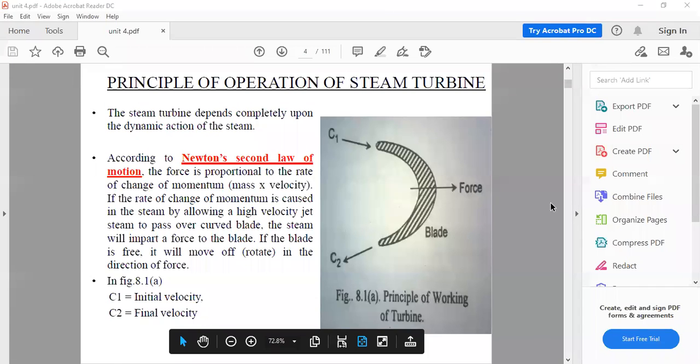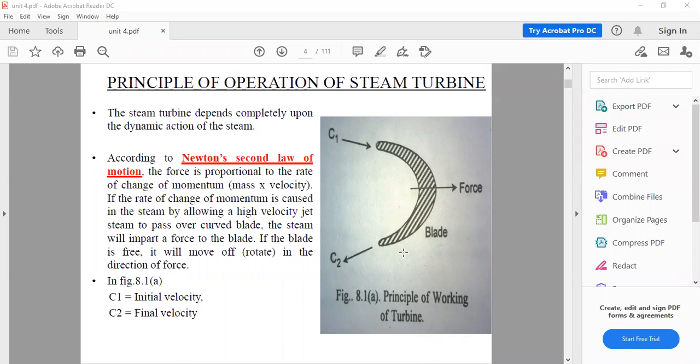So, the principle of operation of steam turbine. Any doubt, any queries in this? What is a steam turbine? Hello? Any doubt, any queries?